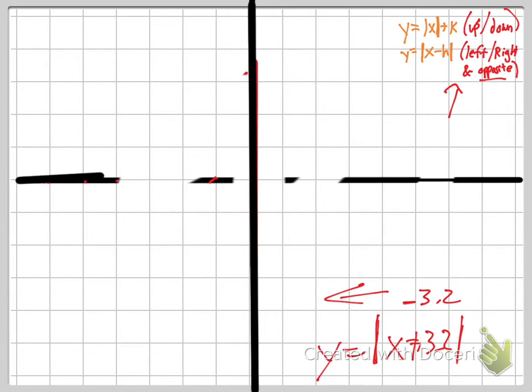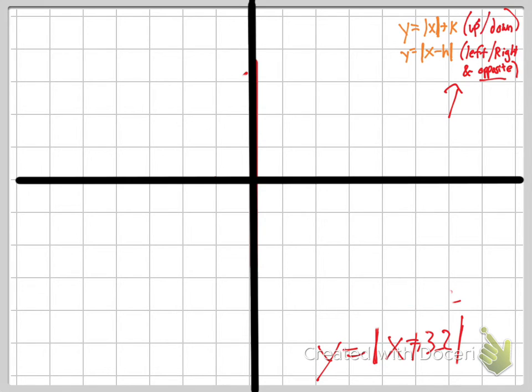All right, so this is my just a regular line x-axis. And then I'm going to write my equation down. And if you'll notice, it has something from both of these.